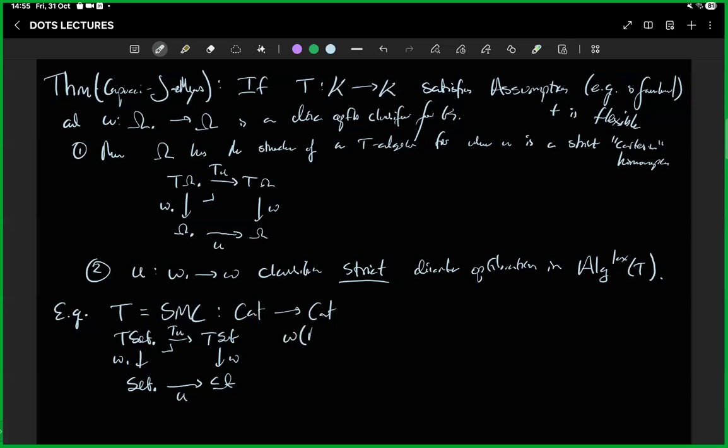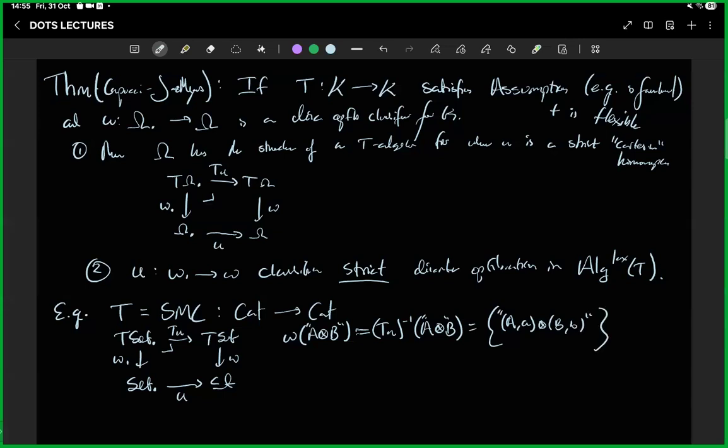Omega of A tensor B, the formal composite A tensor B. Well, by the classification property, it's TU inverse of A tensor B. Which is, in other words, the set of all A, comma, A tensor B, comma, B, formal composites.